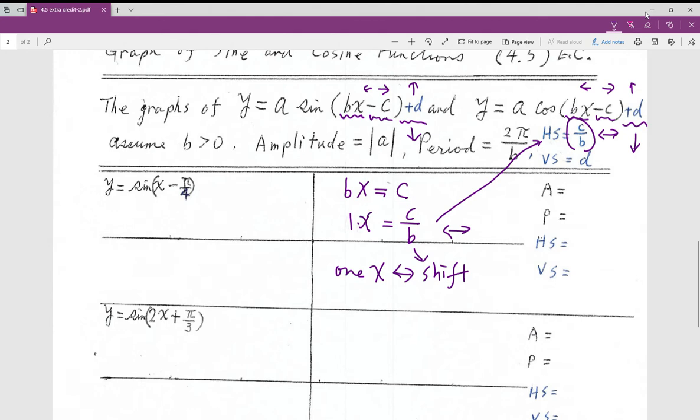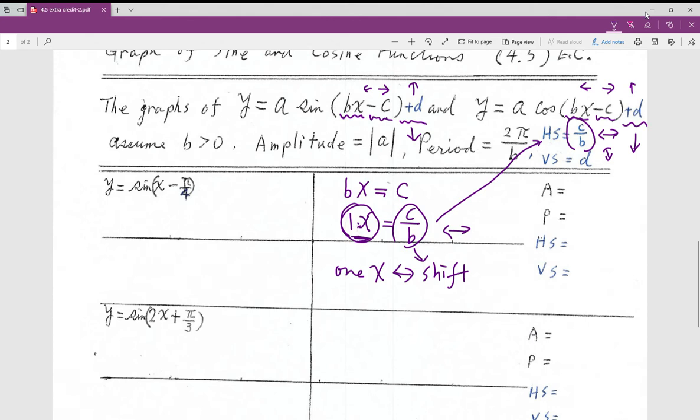Whenever we talk about shifting, we are talking about how much shifting for 1x, not for bx. So every 1x we shift c over b. That's the formula. And the vertical shifting is just plus or minus, depending on whether d is positive or negative. So far, okay?